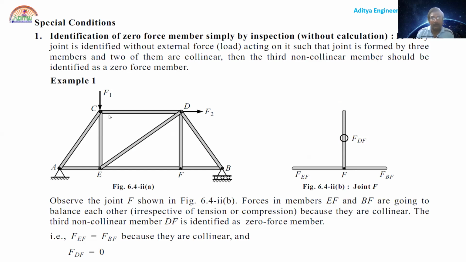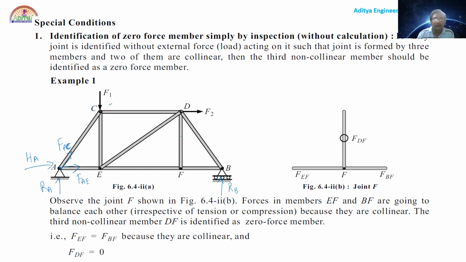Now you check here. I am checking joint A. It is formed by HA, RA; here in B it is RB. Is there any collinear force here? HA, and here I have FAE, and here I am considering compression, so FAC.